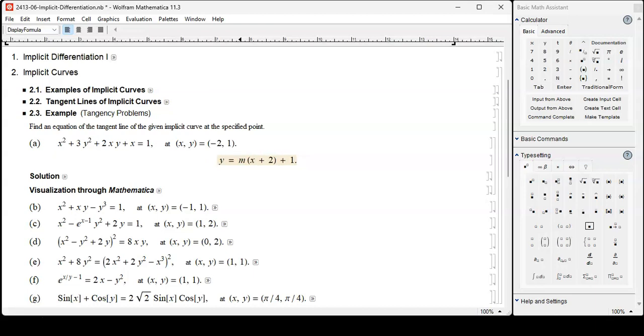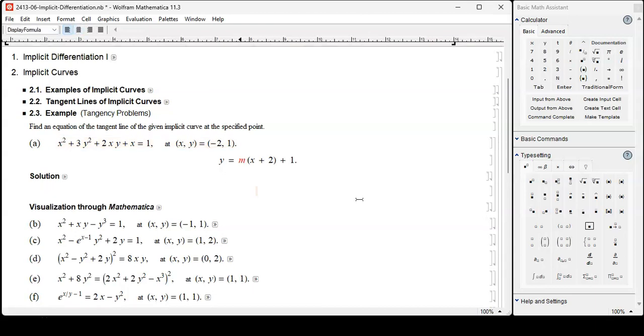So let's write like this. And then of course m is the question. And if m does not exist, then you have to go with the vertical line. Okay, how to solve it? Well, slope is a derivative, so we have to solve this through implicit differentiation. So let's go ahead and do that.